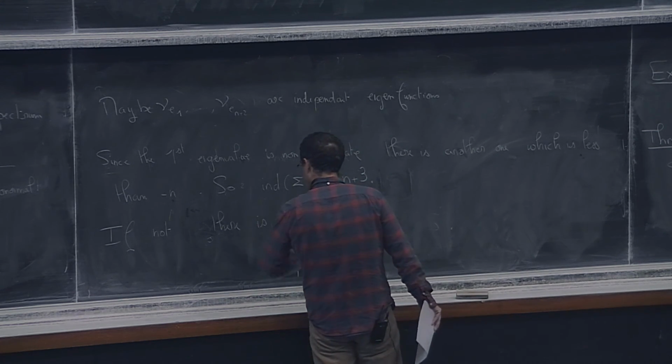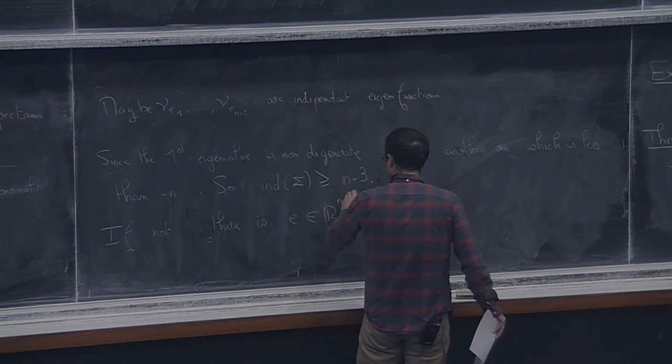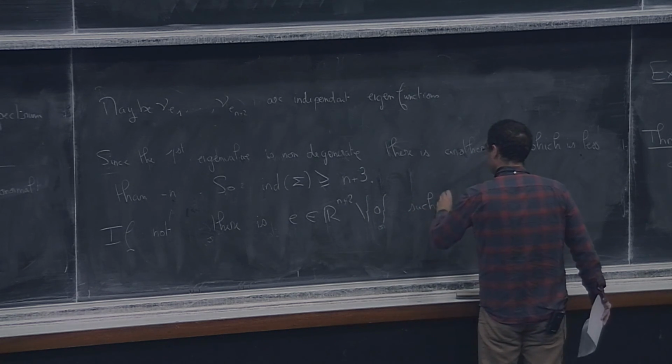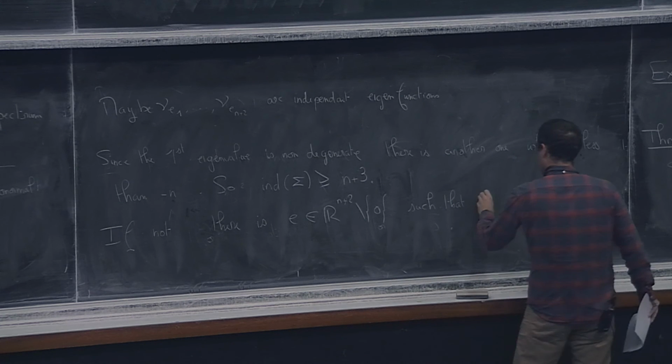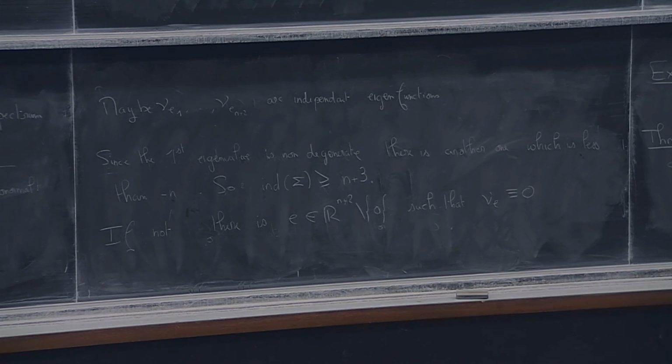So there is, in fact, E in R^(n+2), which is not equal to 0, such that nu E is the constant function 0 on sigma.